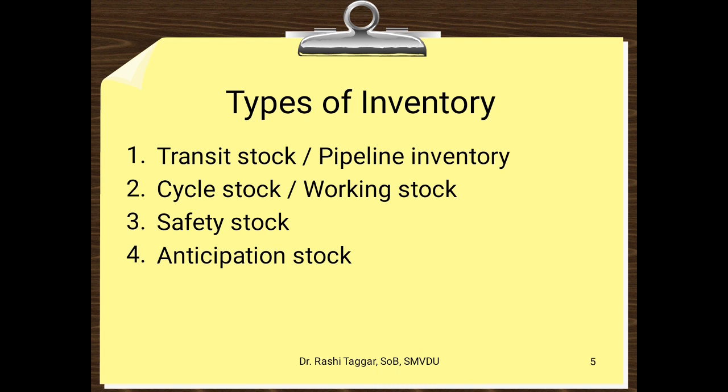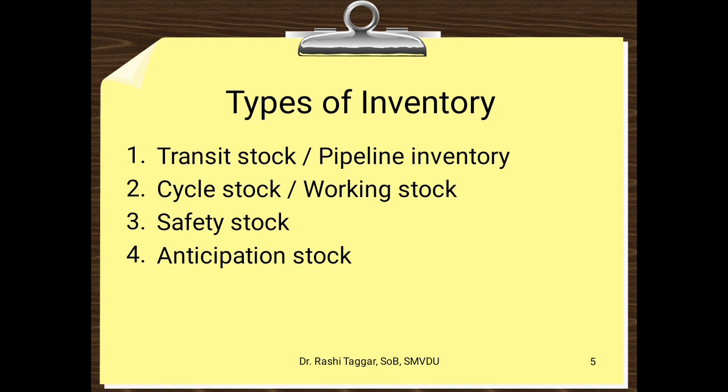Changing the distribution system's design, the way we have studied in network management, that is, which distribution network is adopted by the organization, can impact the magnitude of the transit stock.